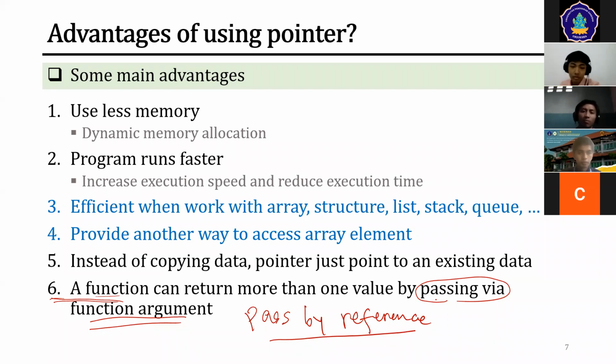If you want to return, for example, five values from the function, you need to provide five parameters, and each parameter is a pointer. That is the pros and cons of using pointers. You need to pass more parameters into the function, but it is possible to return more than one value from the function itself.